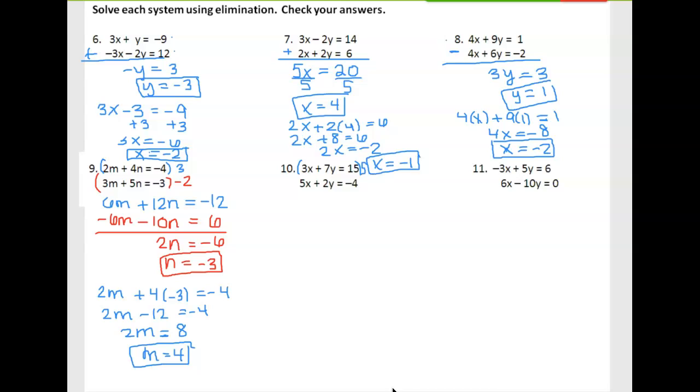Let's try eliminating x just for the heck of it. So multiply by 5. 5 times 3 is 15x. 5 times 7 is 35y. And 5 times 15 is 75. That's where I goofed up. I swear I did not have a 30. Okay, and then times negative 3.